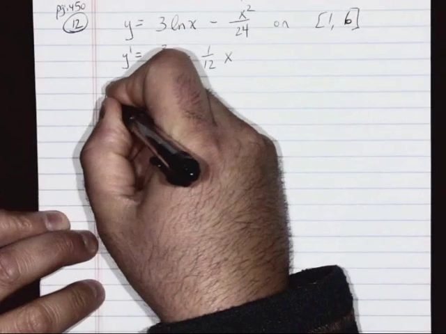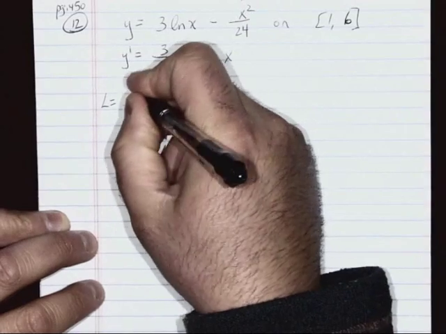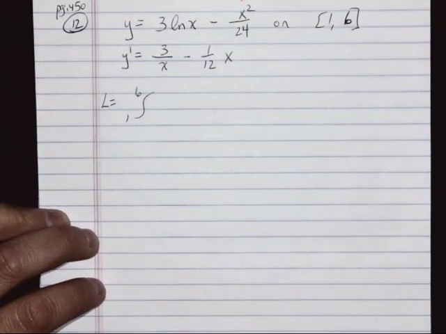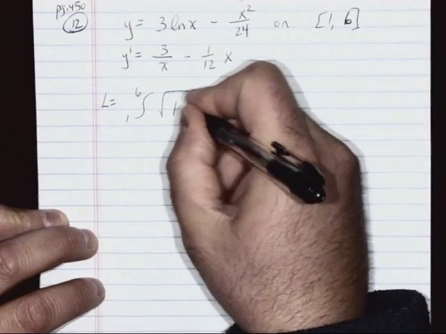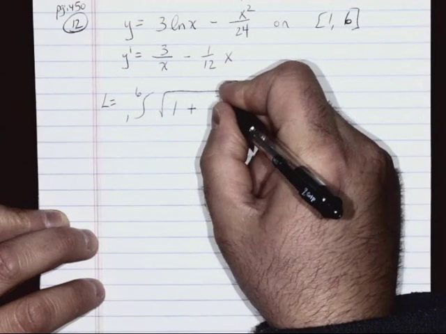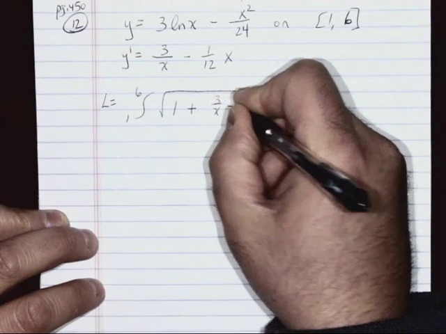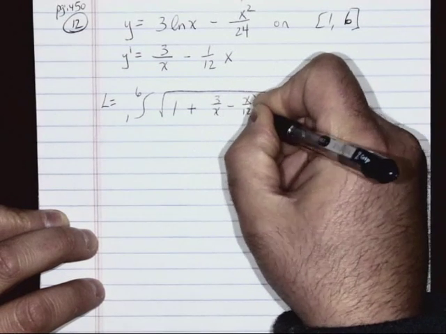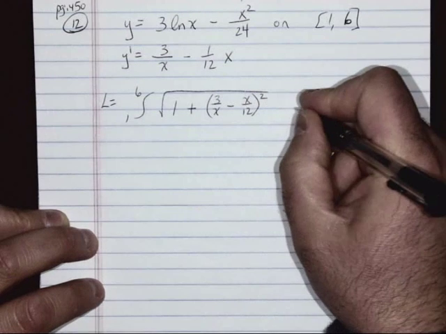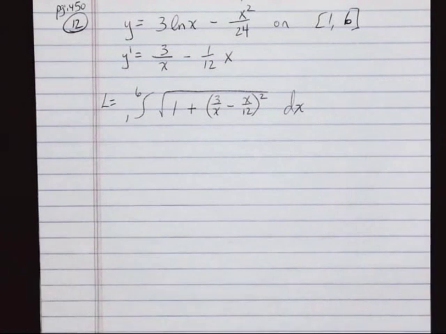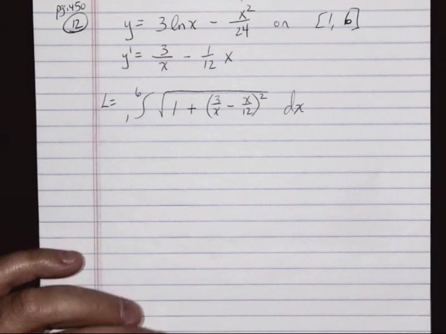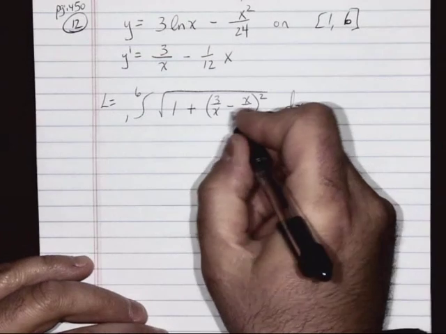Alright, so then we want to find arc length from 1 to 6. Square root of 1 plus 3 over x minus x over 12 squared dx. Alright, so essentially square this out.